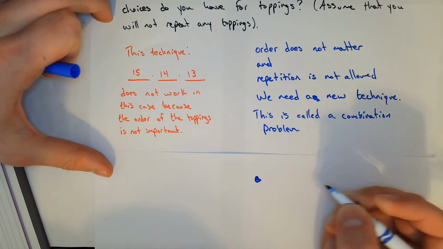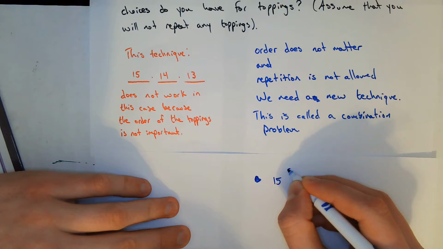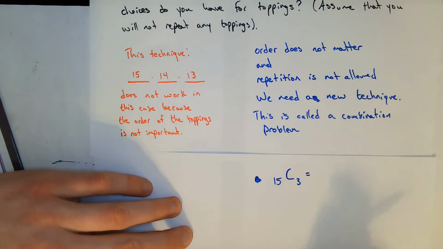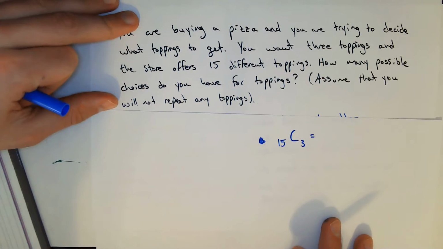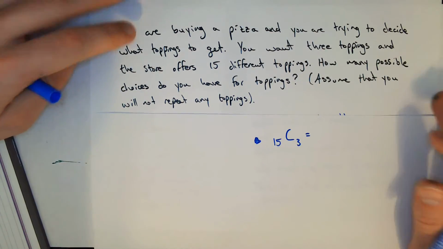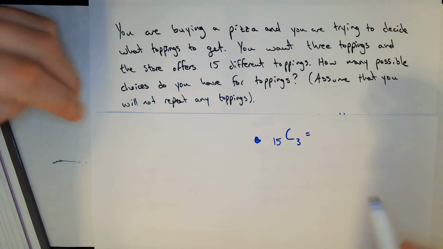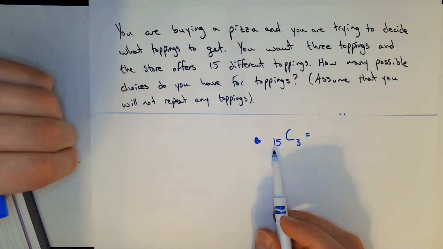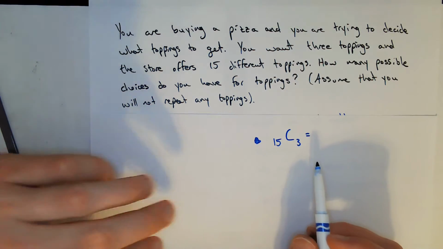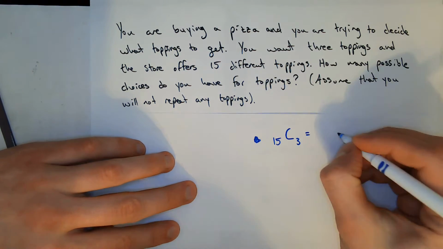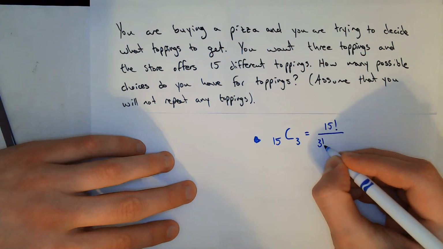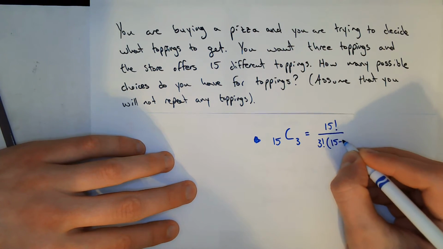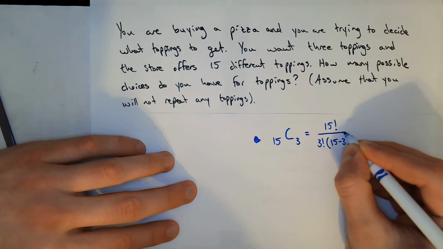Well, not nCr, but 15C3. The group size is 15, and I'm picking 3 things. So 15 is playing the role of n, and 3 is playing the role of r here. So I'm going to have 15 factorial over 3 factorial times 15 minus 3 factorial.